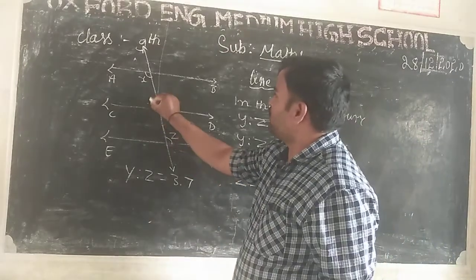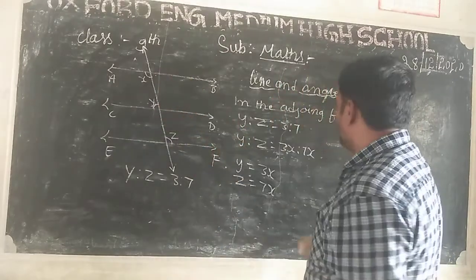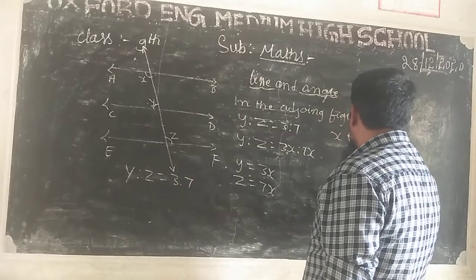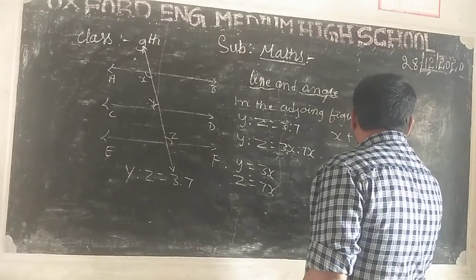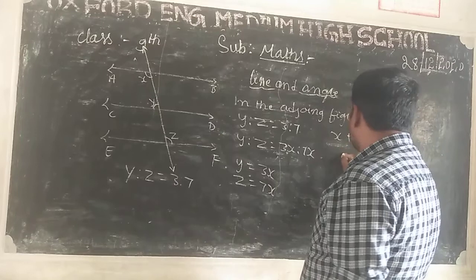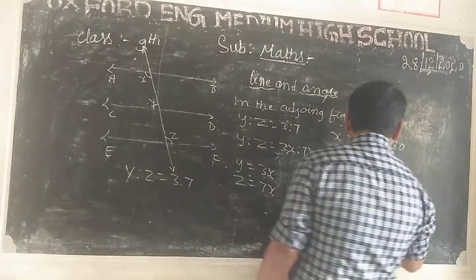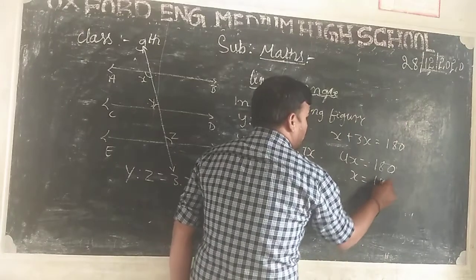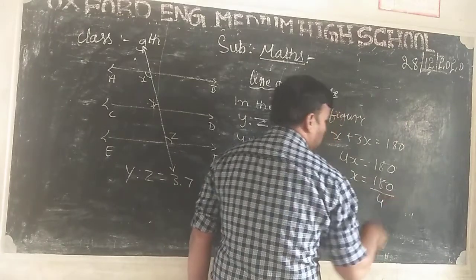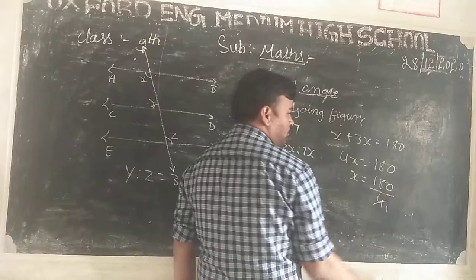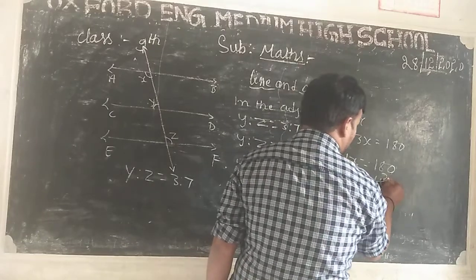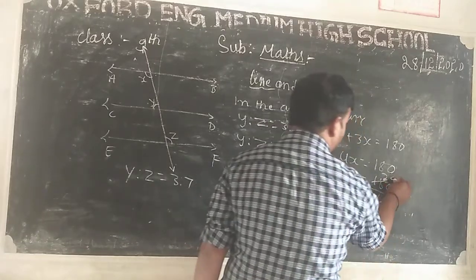This one is 3x, this one is also 3x. x plus 3x is equal to 180 degrees. 3x plus x, 4x is equal to 180. Then x is equal to 180 divided by 4, which is 45.